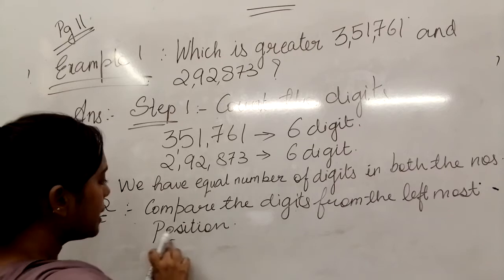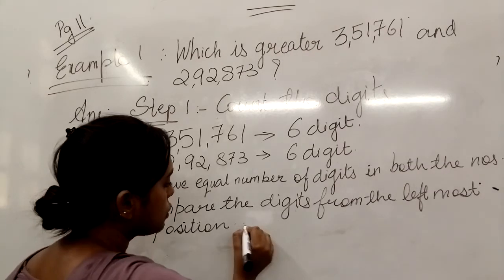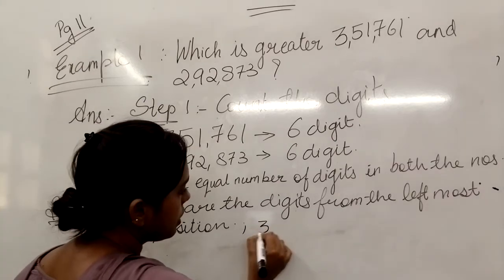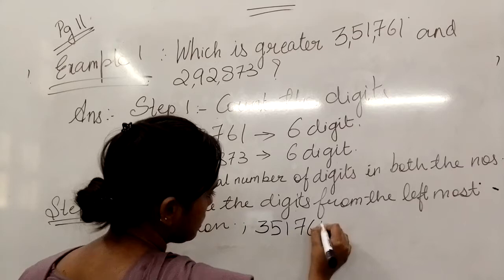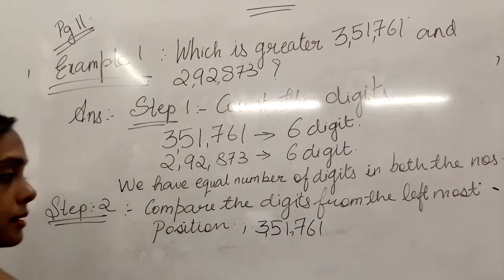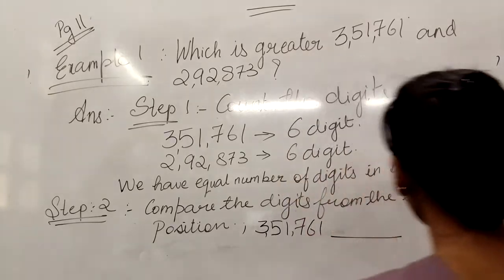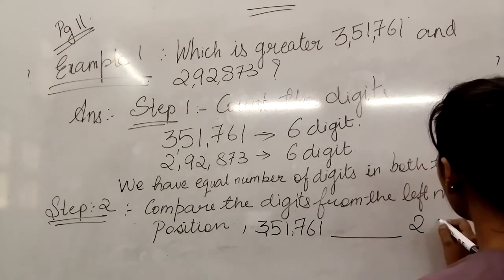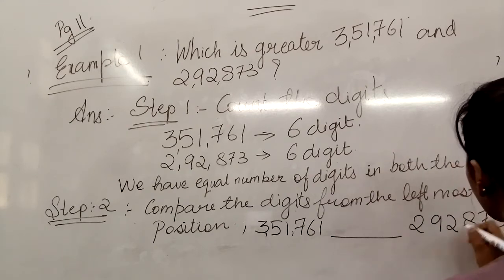You will write in the next line. The number is 3, 5, 1, 7, 6, 1. Then we'll put a dash to compare. Then the next number is 2, 9, 2, 8, 7, 3.